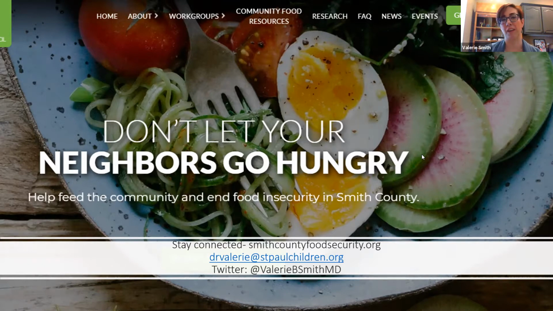The volunteer portion of the food pantry at the organization I work for is almost exclusively retired people, because they're available during the day and have time, and many of them just weren't able to come at different points in time when we've had high community spread, early on and now again.